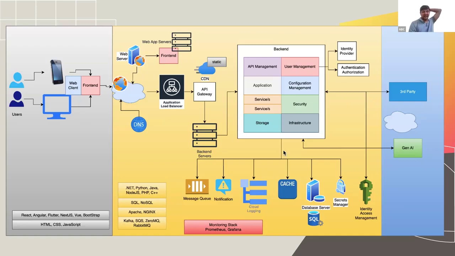Now that's where I like diagrams more. On this diagram, if I'm a backend developer, I know which are the components that I'm close to. If this is the backend, I have to know a few things about databases and the logging, notification. I don't have to know anything immediately about the web server or the application load balancer.